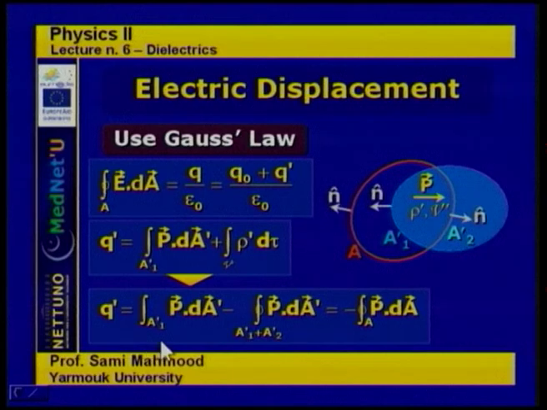And this gives Q prime equal to the integral of P dot dA prime over A1 prime minus the integral of P dot dA prime over A1 prime plus A2 prime, that is the surface surrounding the volume. So we replace the volume density integral by the area integral, and using the previous argument, this is equal to simply minus the integral over the whole Gaussian surface of P dot dA.